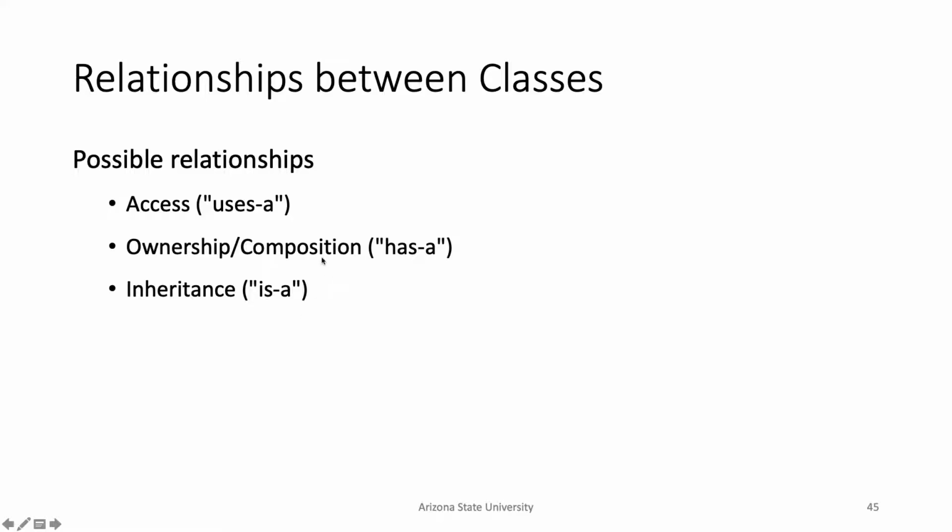The third one here we haven't gotten to yet. But think about the rectangle and square example that I came up with. Is a square a rectangle? Yes. Every square is a rectangle. So that would be a case of an inheritance relationship. But think about this: does a square have a rectangle? Other than the side length itself, does it hold a rectangle object, or should it hold a rectangle object?